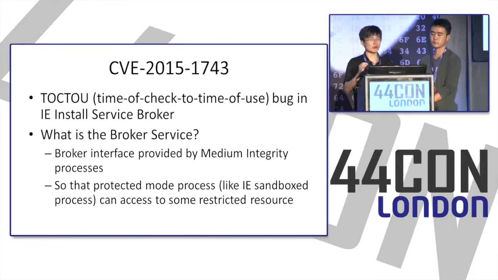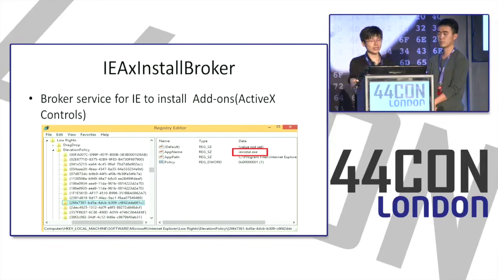These processes are called broker services. And the IE install service broker is one of these broker services. It is used to install components in Internet Explorer, such as add-ons.